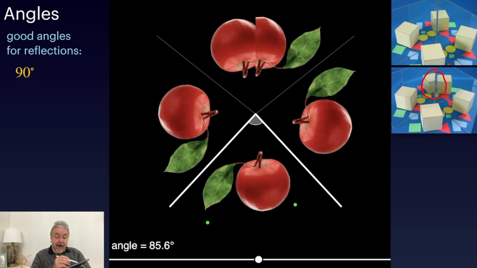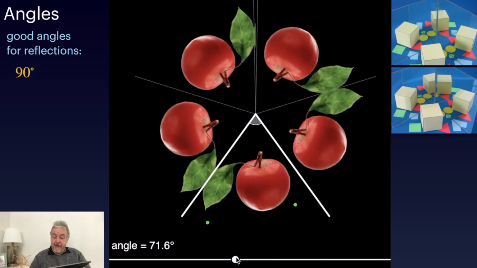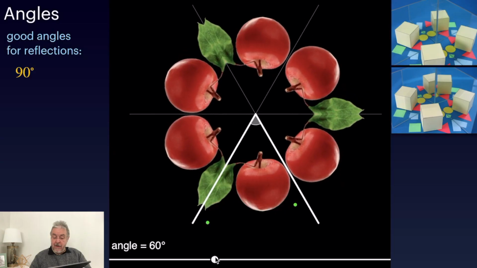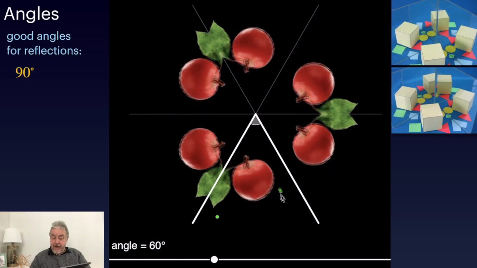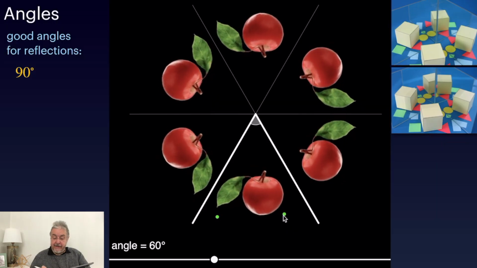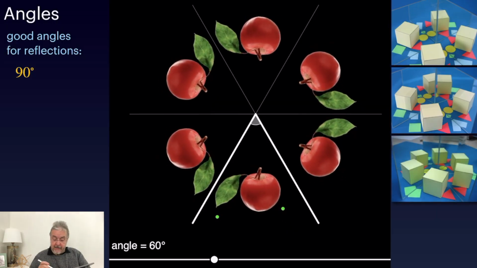So the question is, after 90 degrees, what is the next good angle? And well, the next good angle that you get is not with a 5-fold rotation, but with a 6-fold rotation. So the next good angle that you actually get is a 60-degree angle, and here again you have the real world experiment, and let's add the 60 degrees to our list of good angles.